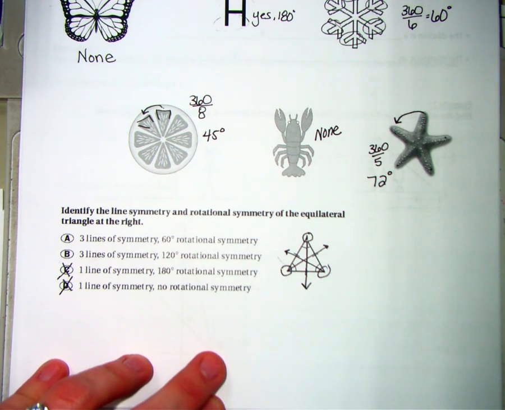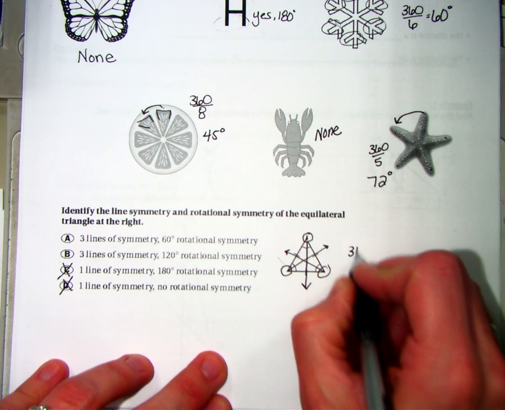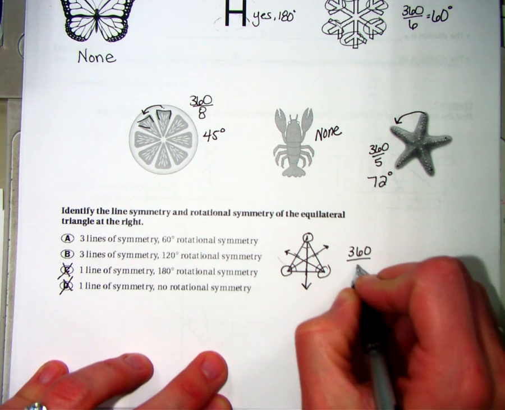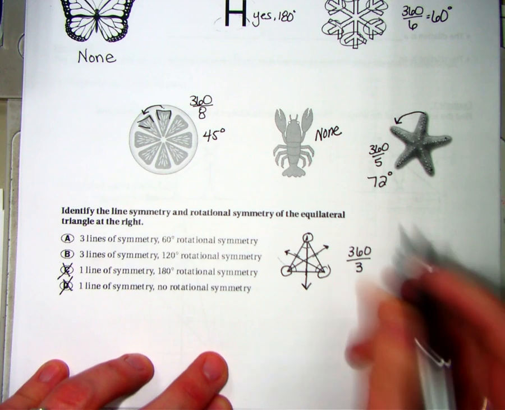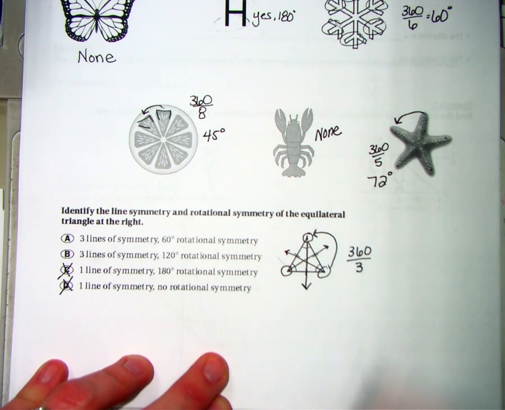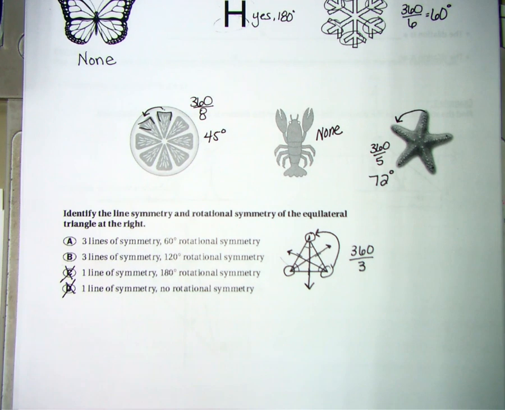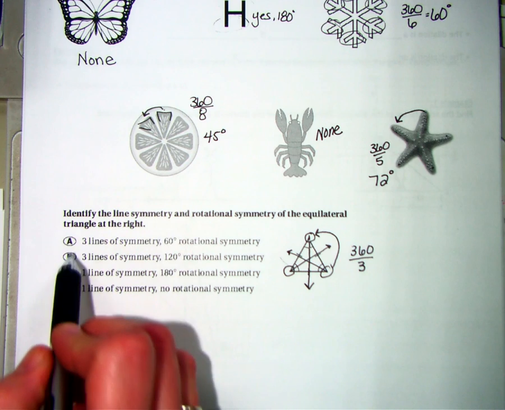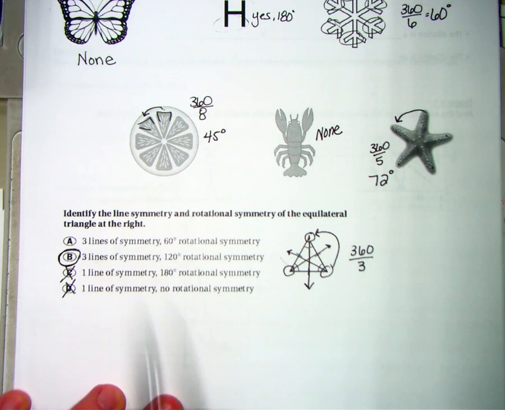What is 360 divided by 3? You've got to turn your paper to get this vertex all the way over to that vertex. How many degrees would that be? 60? Nope. That would be 120. This is kind of a trick question. It's a good question, but it's kind of tricky to your brain because you think 60 degrees is an equilateral triangle.